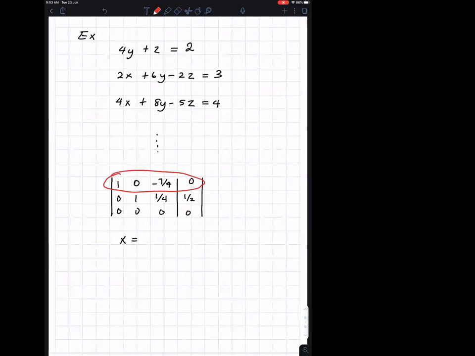From here, you'll get x minus 7 over 4 y is equal to 0.